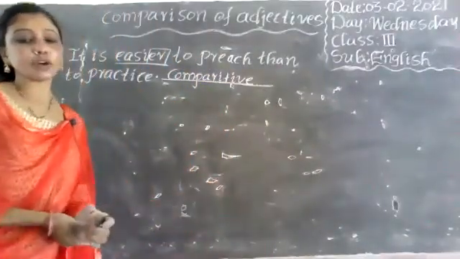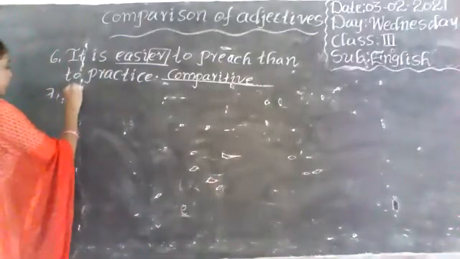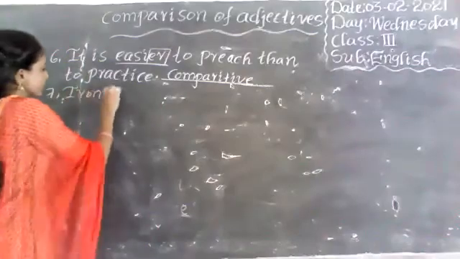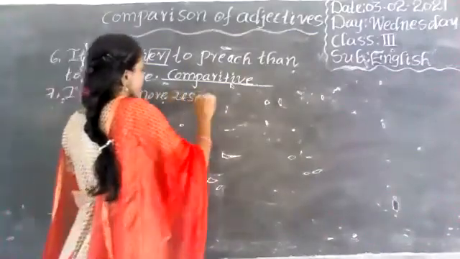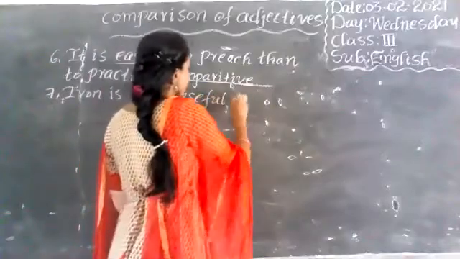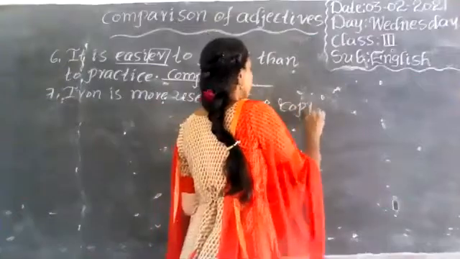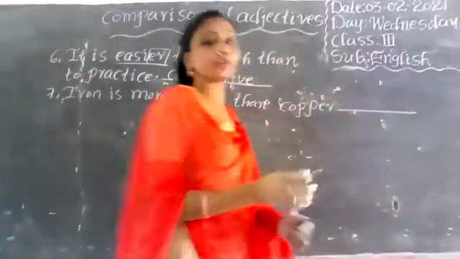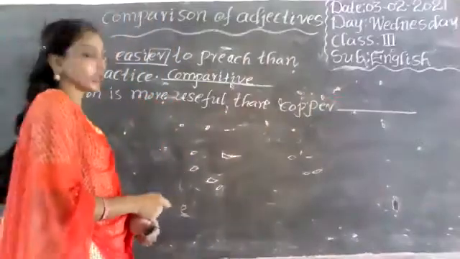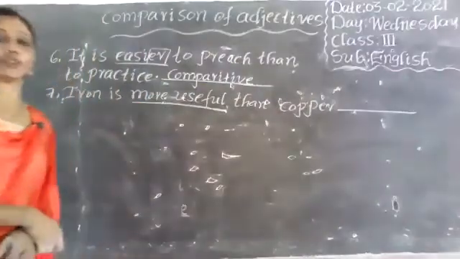Iron is more useful than copper. Okay, iron is more useful than copper. Look at here, more useful. This is the adjective.